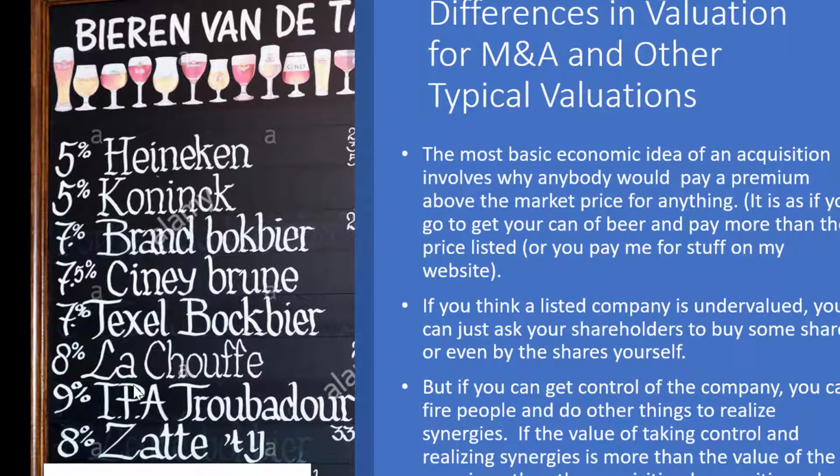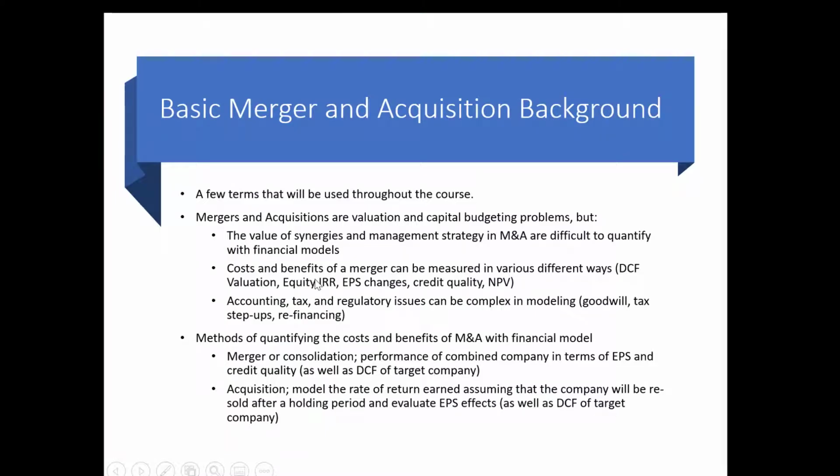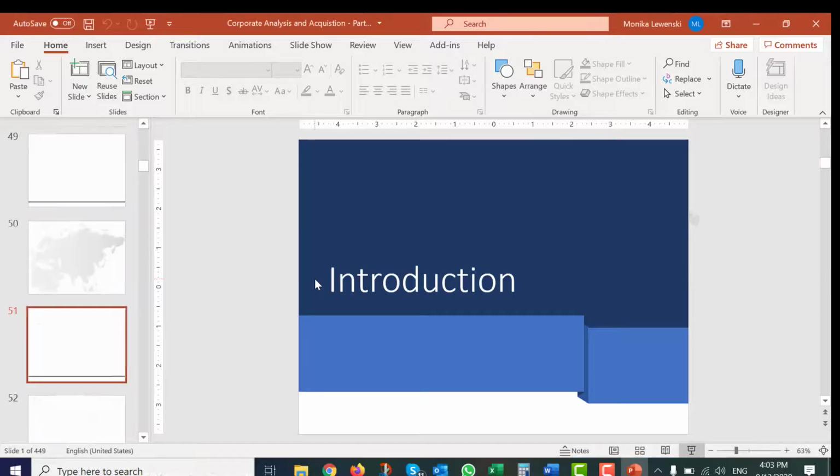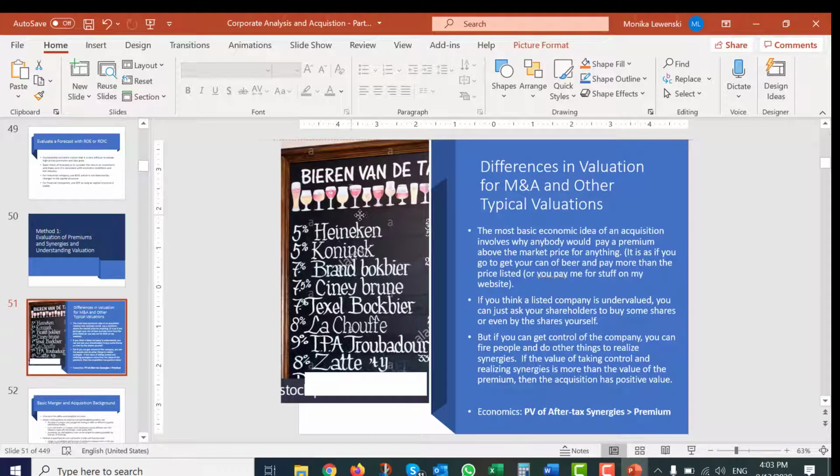Now, here I made this little chart. And in this chart, I say, look, if you go into the bar, and the cost of beer here, did I put the cost of beer here? Oh no, I couldn't see the cost of beer.